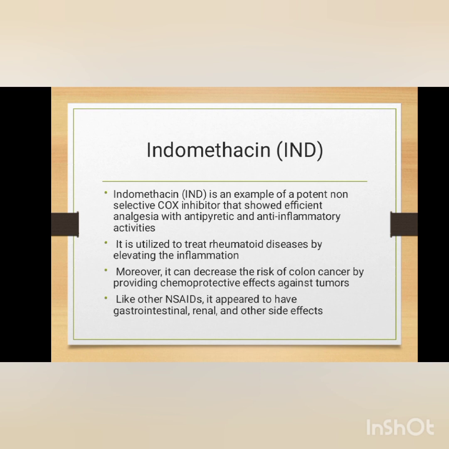Indomethacin is an example of a potent non-selective COX inhibitor that shows efficient analgesia with antipyretic and anti-inflammatory activities. It is utilized for different purposes. It is used to treat rheumatoid disease, and it is also used to decrease the risk of colon cancer, but it has some side effects because it is a type of NSAID.